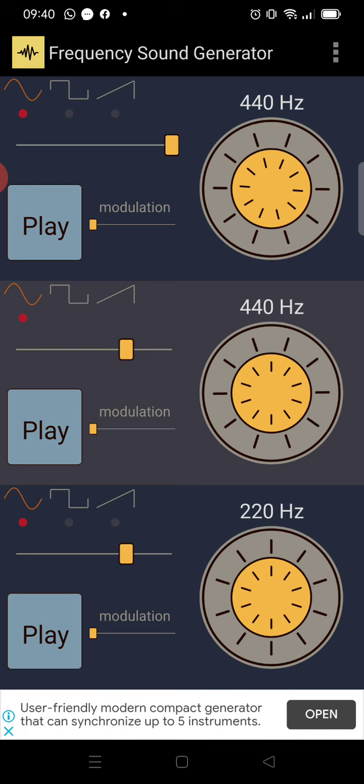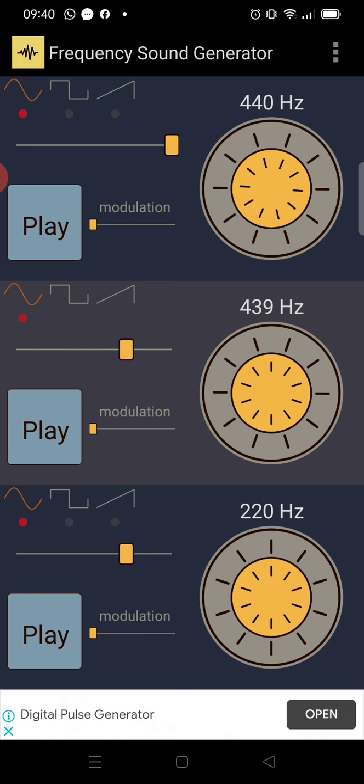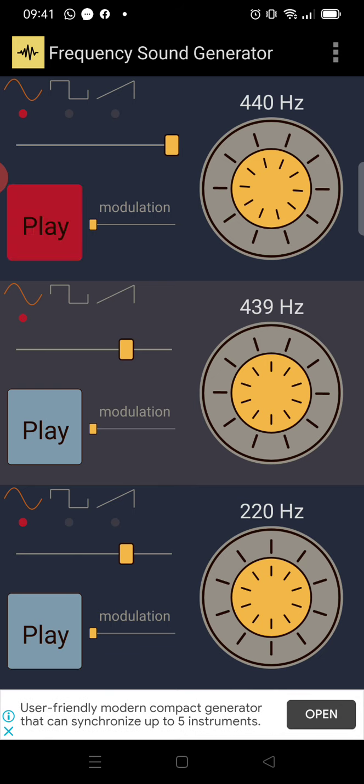But now, if I change the frequency of one of them, let's see what we hear. Okay, so now it's 440 and 439 together.